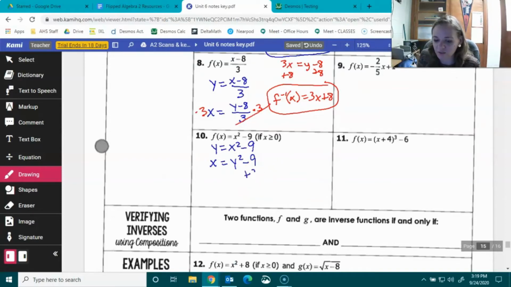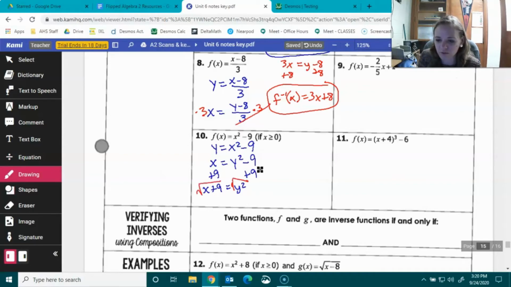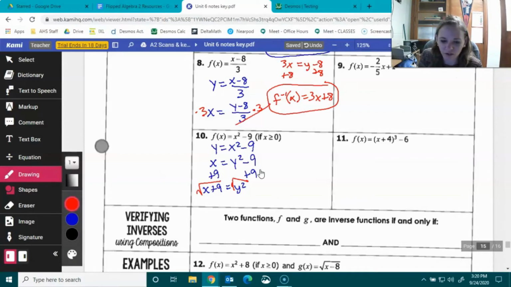So we got to add the 9 to both sides. So x plus 9 is equal to y squared. Okay, y is not by itself yet. We have to do what to get rid of that exponent? Yeah, square root. And it's saying as long as x is equal to or greater than 0. So what they're just saying is they don't want a negative response down here.